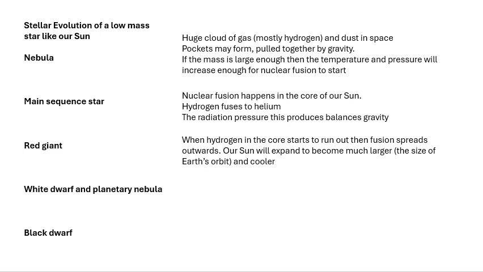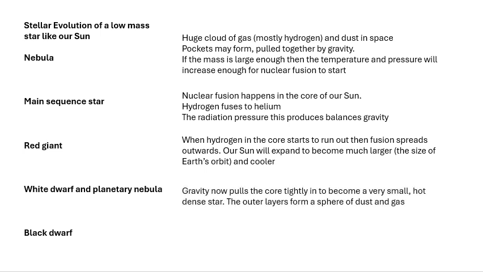But then after that, gravity will pull it back in. The outer layers will be left behind. So you'll get these clouds of dust and gas. And that's called a planetary nebula. But the core will be left exposed in the middle.